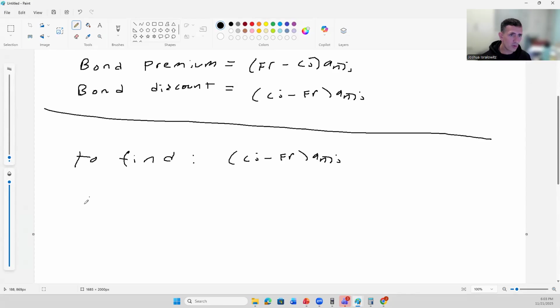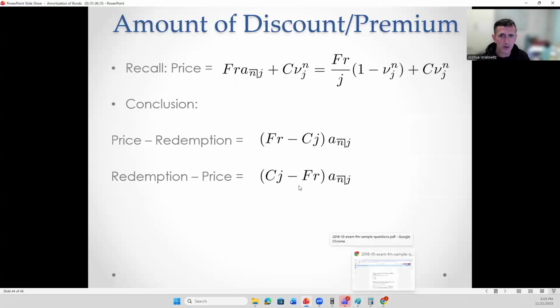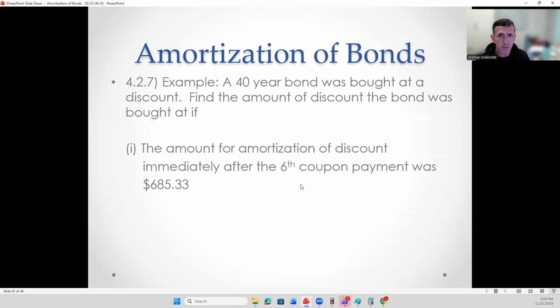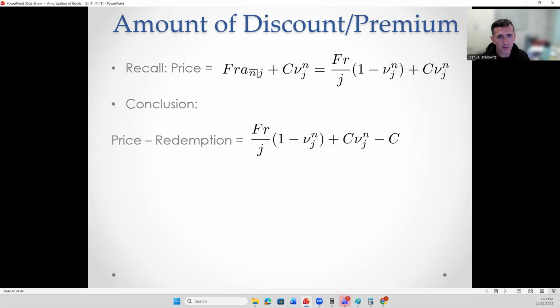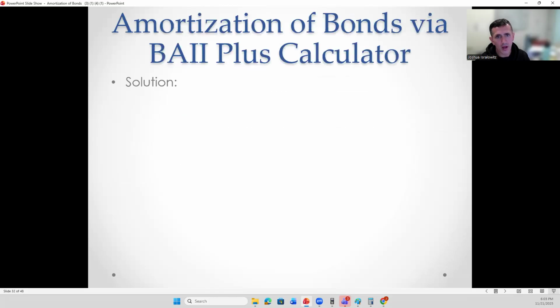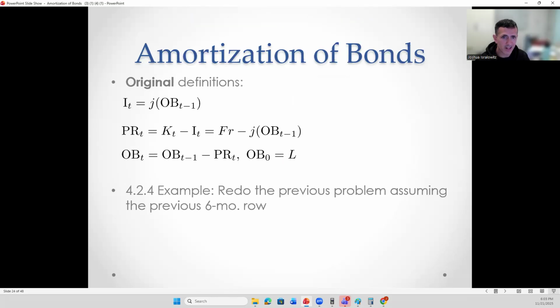Okay, so what are we given? So let's go back here. The principal we're paid is 685.33. Or rather, it's actually going to be negative because the bond is bought at a discount.